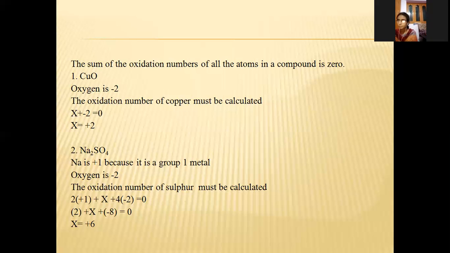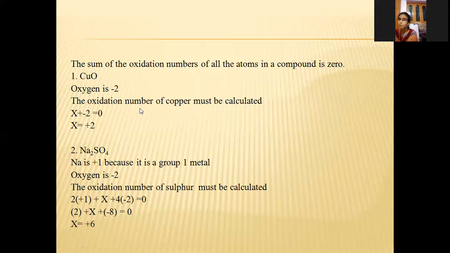I will explain it again. See here, the sum of the oxidation numbers of all the atoms in a compound is 0 because it does not have any negative or positive charge. The first example is copper oxide. The oxidation number of oxygen is minus 2.